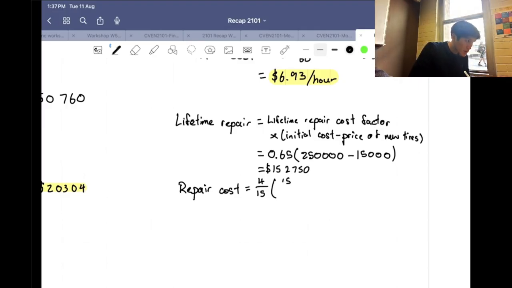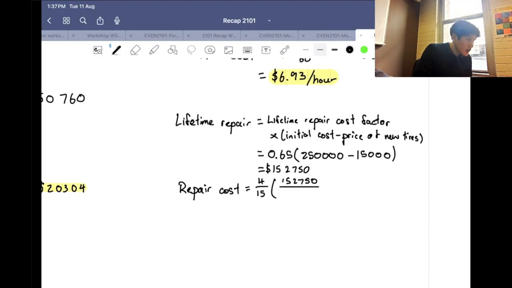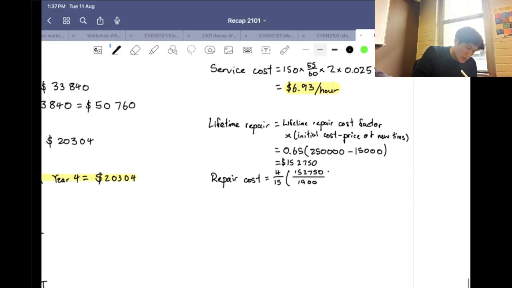So 15,000 divided by your hours operated per year, and for this it'd just be 19,000, which is given to you. 1,900 per year. Just chuck it in there, and that should give you $21.44 per hour.